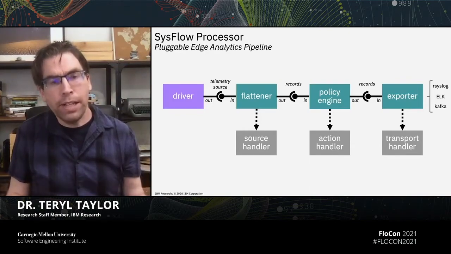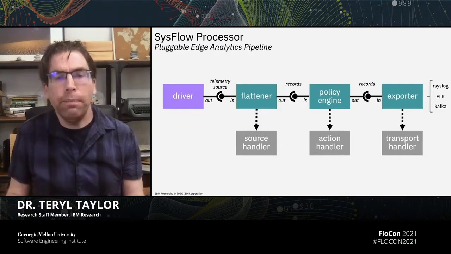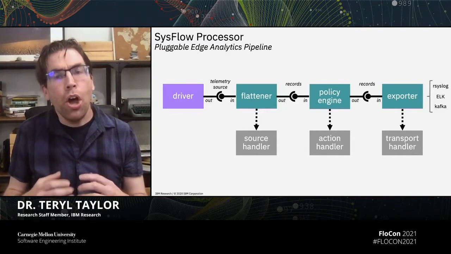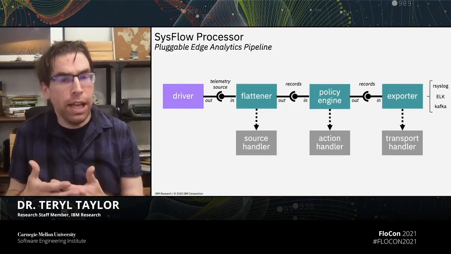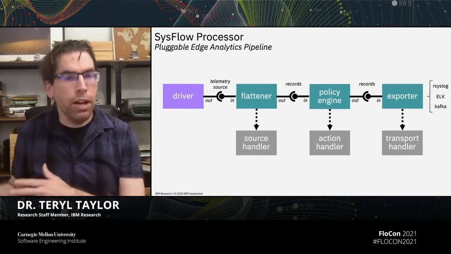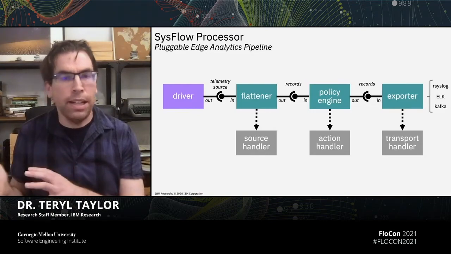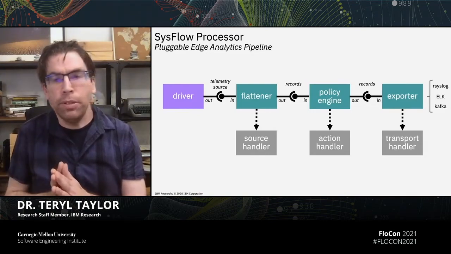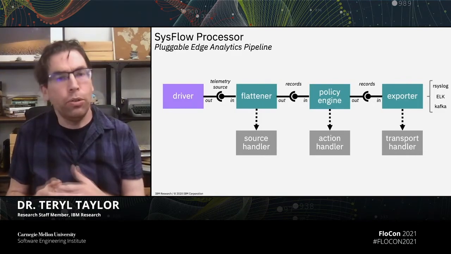The flattener takes the Sysflow objects and flattens them into more of a data table type representation, which can then be fed into the policy engine, which allows us, again, to generate alerts or to filter out data. And then that can be passed off into the exporter. The exporter can change to a different format and send it out to various different data collectors like rsyslog, ELK, or Kafka.